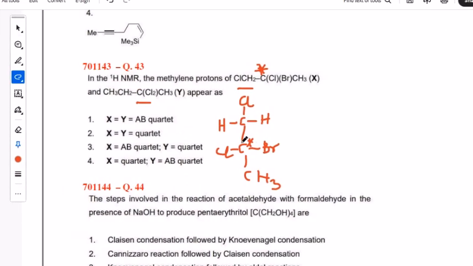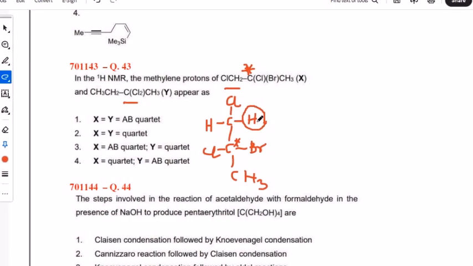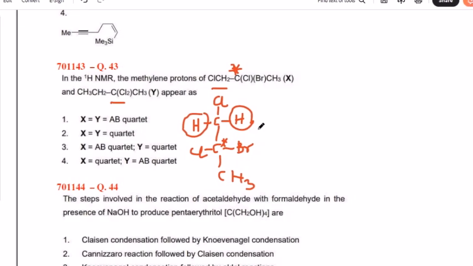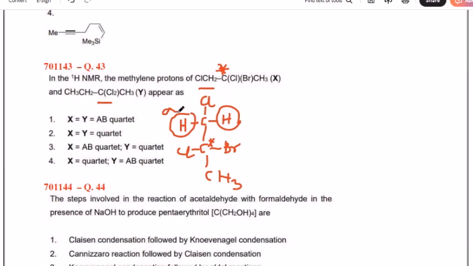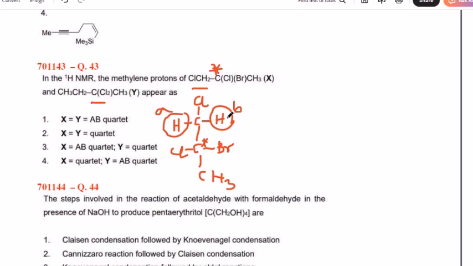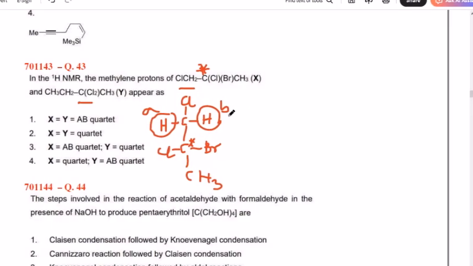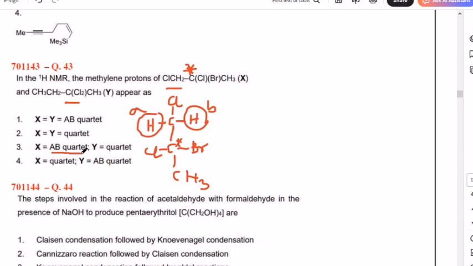In the chiral compound, adjacent to or alpha to the chiral center, these 2 protons are diastereotopic, isn't it? So these 2 hydrogens will not give a singlet. They are going to form an AB type doublet, so an AB quartet. Yes, it is going to give an AB quartet.